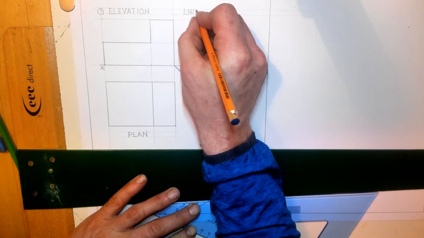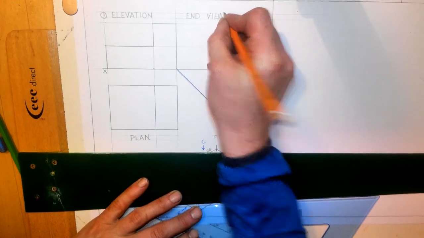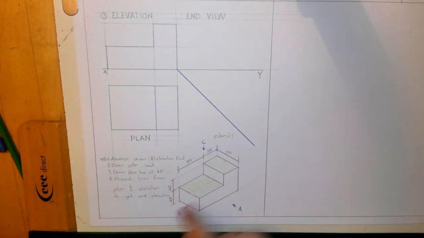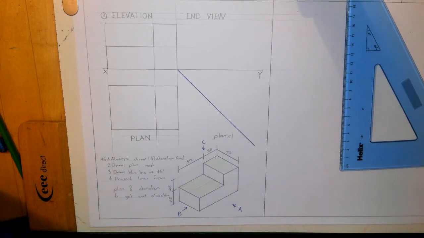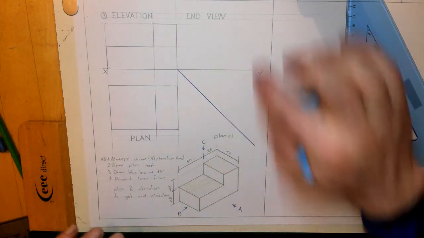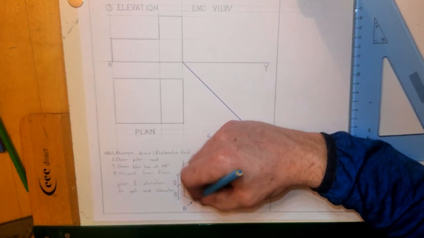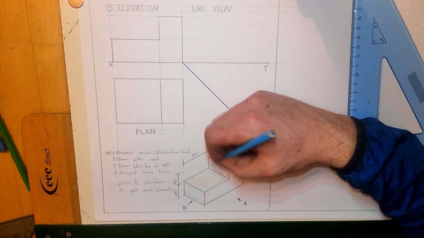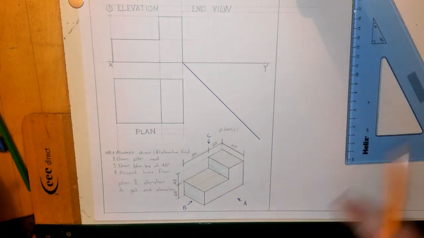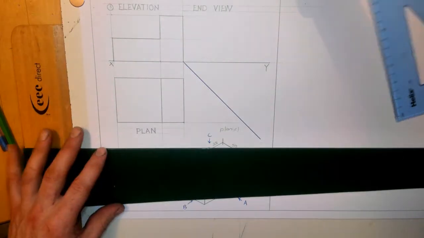So the in view is when we're looking in from point B, and this view here on the bottom. You'll see this right here, you'll see those two rectangles. So this is how you do it. You bring the lines over from your plan towards the blue line.